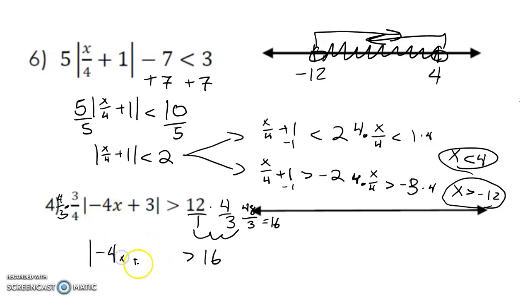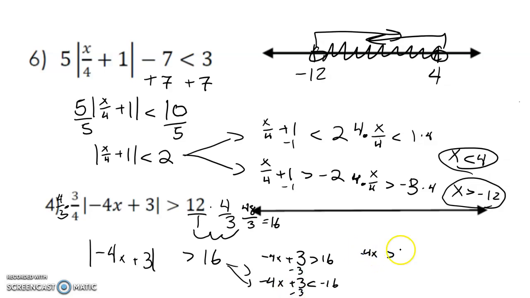Absolute value of negative 4x plus 3. Set up your two inequalities. Negative 4x plus 3 is now going to be greater than 16. And negative 4x plus 3 is going to be less than negative 16, because you flip the sign there. And if you subtract 3, you got negative 4x greater than 13, negative 4x less than negative 19.